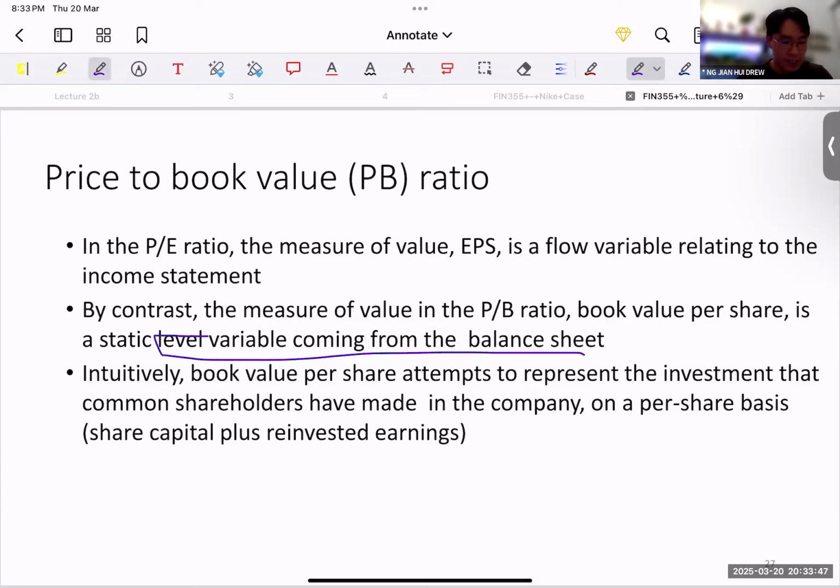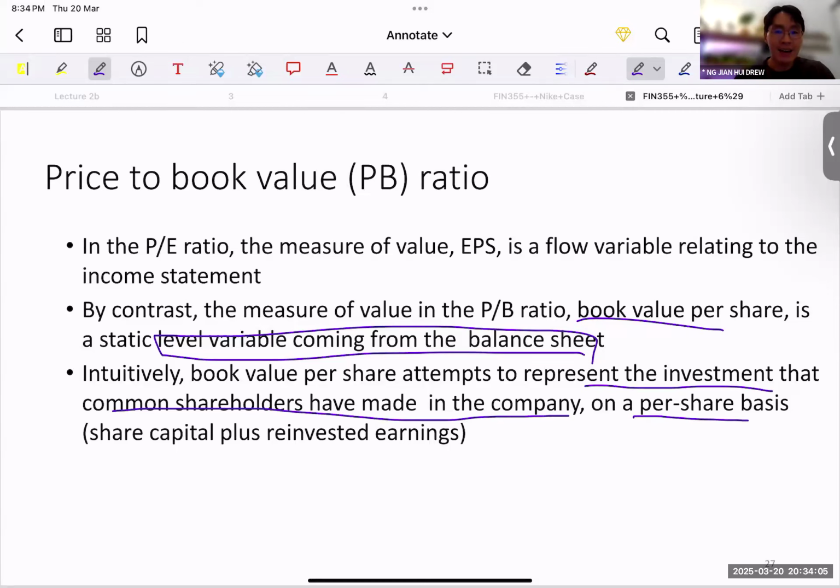So this is what I've mentioned. The book value per share is what is fixed, static in the balance sheet. Of course, the price is the market value of your equity, and the book value represents the investment common shareholders made on a per share basis.